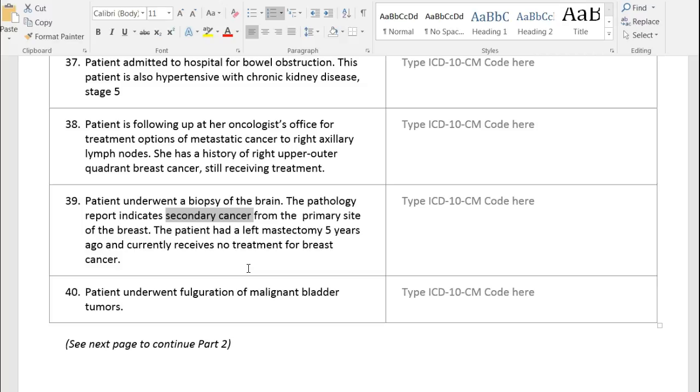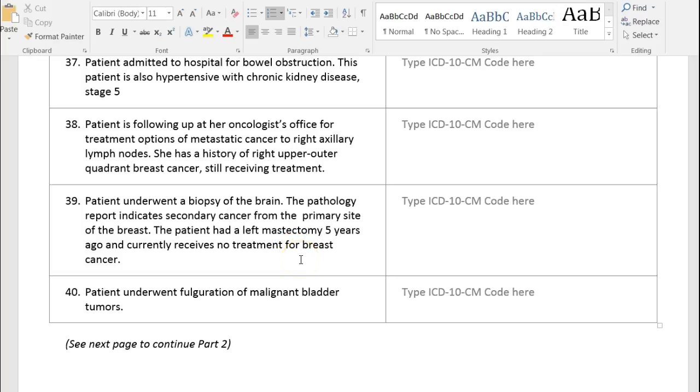So any additional manifestations of cancer or cancer that appears anywhere else in the body will always be considered a secondary site. Even if now, as you can see, the patient has brain cancer at this point, if the cancer shows up on the pancreas it will be considered secondary. The hand, the skin, anywhere else is secondary. We're going to always consider this patient having primary cancer of the breast.